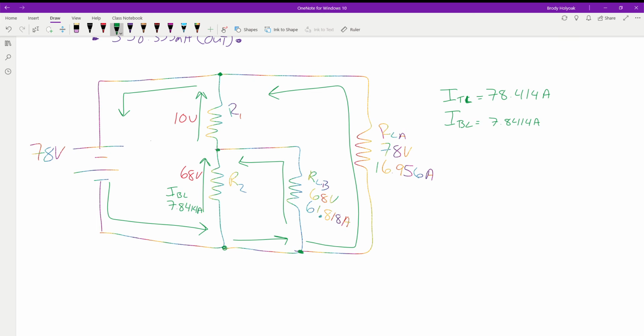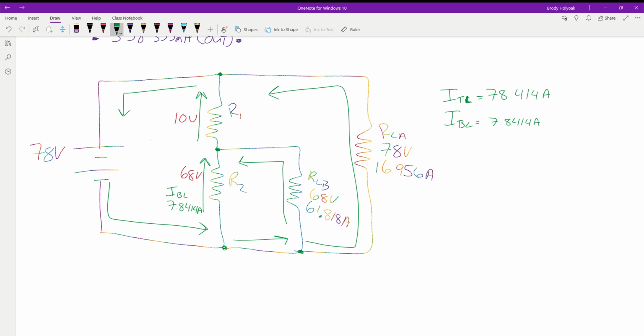So now, if we were to go through that, we have enough information to solve at this point, and we have enough information to solve at this point. Correct. Yep, in this case, IR2 and I bleeder are one and the same.